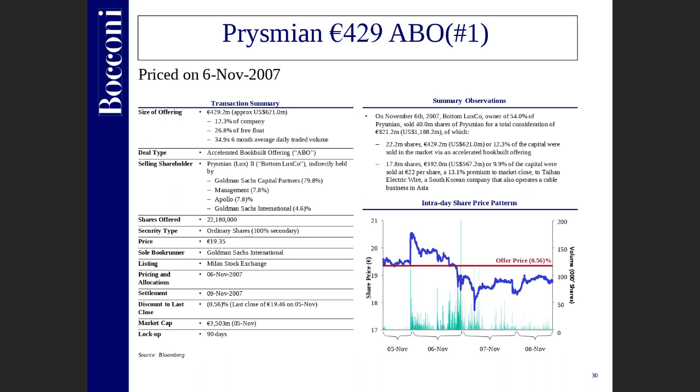So what I'm trying to tell you is that there were 2 transactions. We sold 40 million shares, I apologize, 22 million into the marketplace, and almost 18 million to this Korean industrial partner.